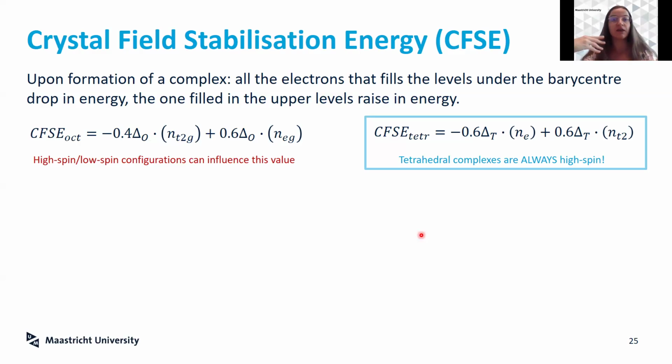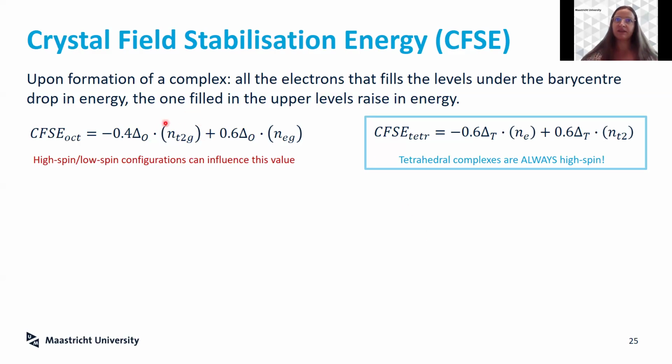So this is balanced against how many electrons are filled in those orbitals. If you're filling electrons in an orbital that is already energetically higher, then this will go against the stabilization. If you're only filling orbitals that are energetically lower, then you're gaining energy every time you add an electron, in comparison to the case of no crystal field splitting.